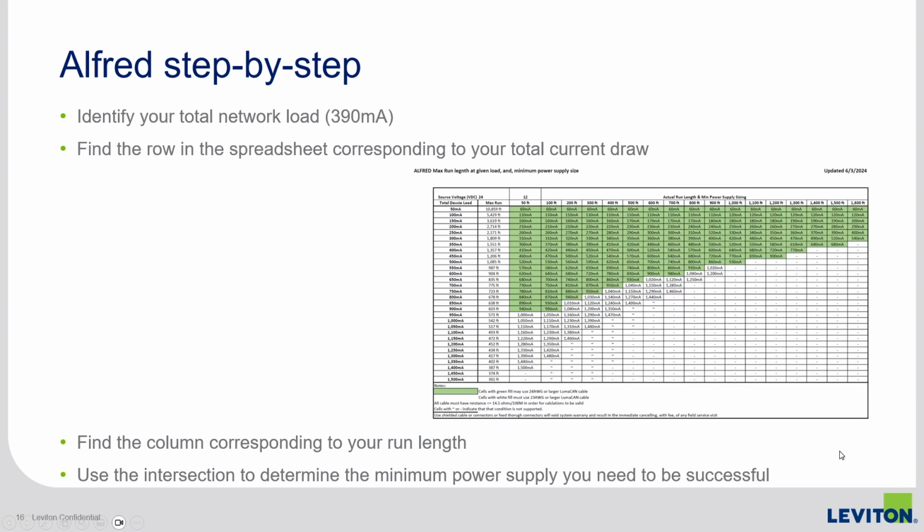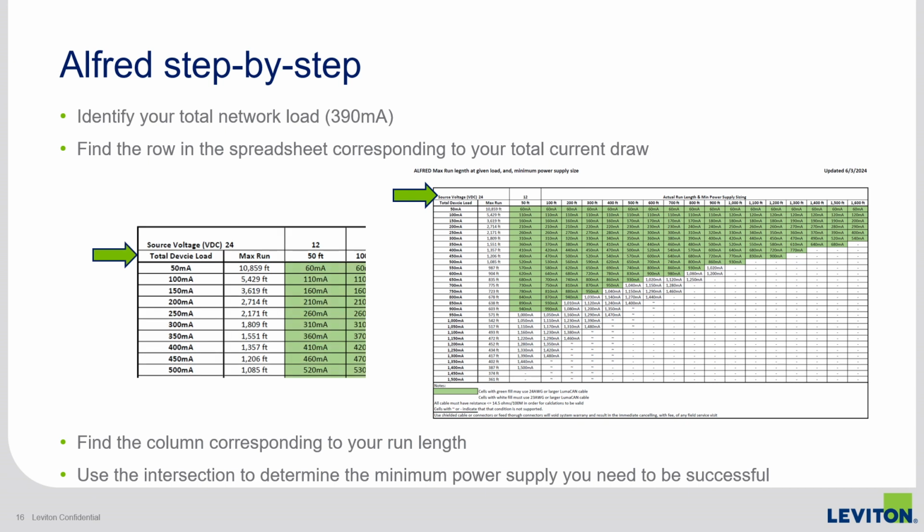Next, find the row in the spreadsheet corresponding to your total current draw. Let's carefully look at that and blow that up. You see our source voltage and total device load is right there. So we're going to work down that column until we find the next highest column beyond 390 milliamps. You can see that they're broken up into 50 milliamp blocks.